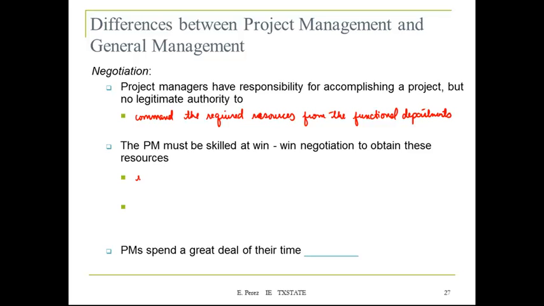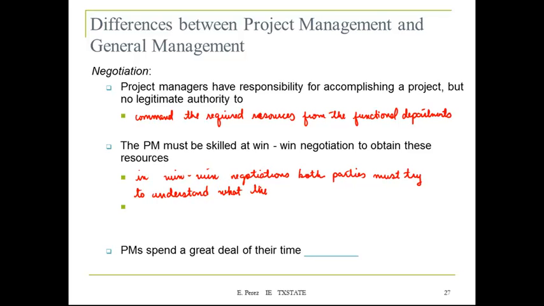In win-win negotiations, both parties must try to understand what the other party needs.